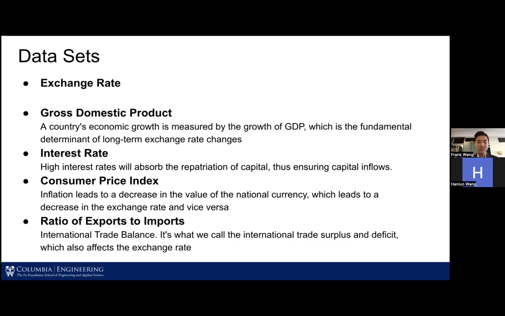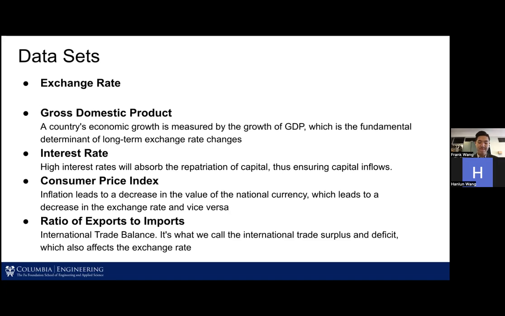And the CPI, the Consumer Price Index, which shows the inflation rate of a national currency. And also the ratio of exports to imports, which shows the international trade balance.